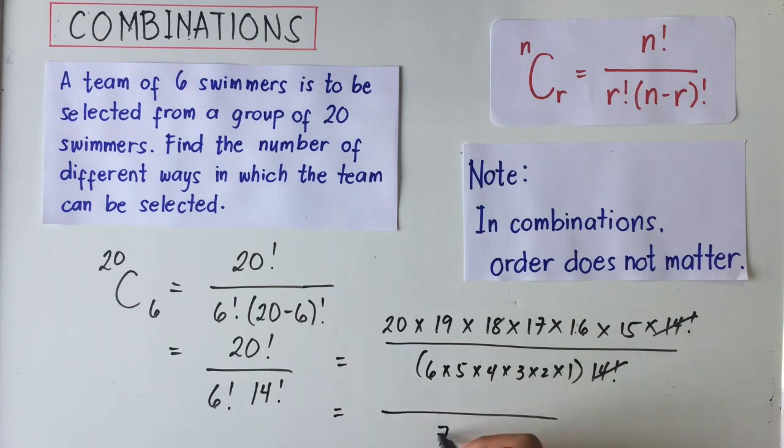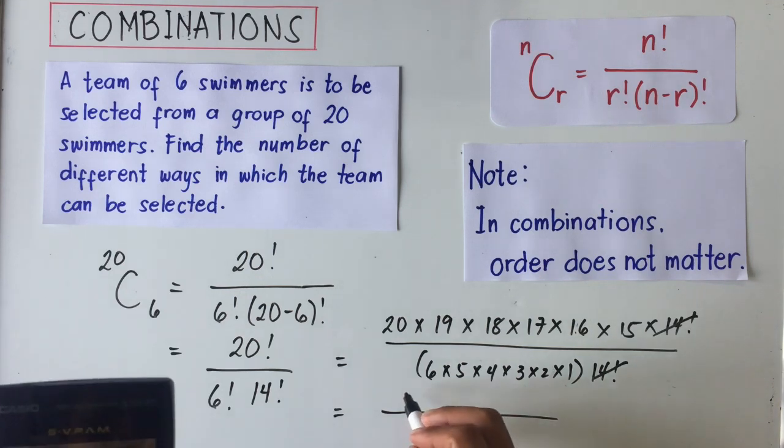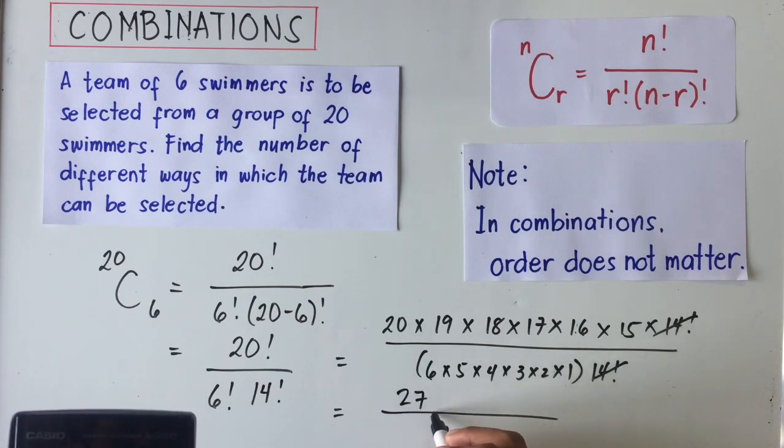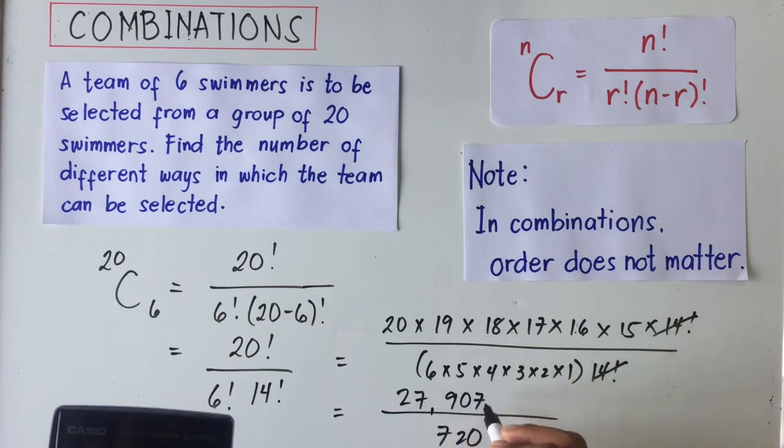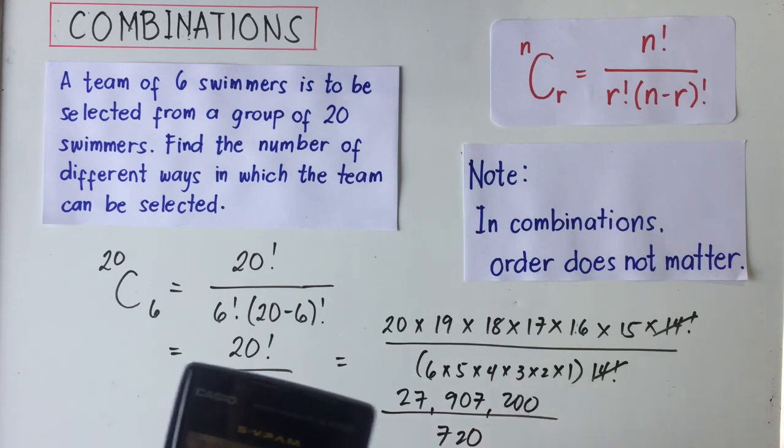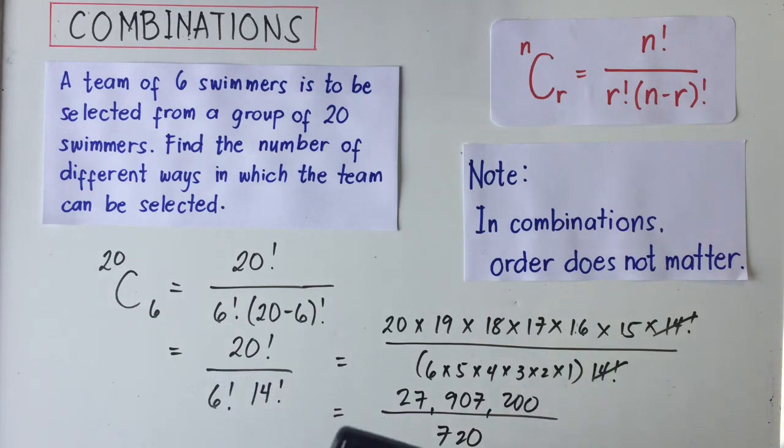So over 720, I'll have 20 times 19 times 18 times 17 times 16 times 15, which gives 27,907,200. You divide it by 720, you get 38,760. This is our answer.